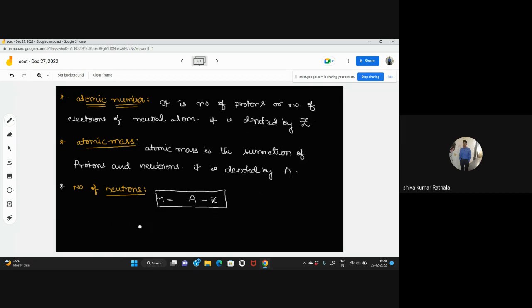For example, let me take an element X, arbitrarily. X with atomic number Z, and here we can write A. So in this, X indicates the element, A represents mass number, and Z represents atomic number.